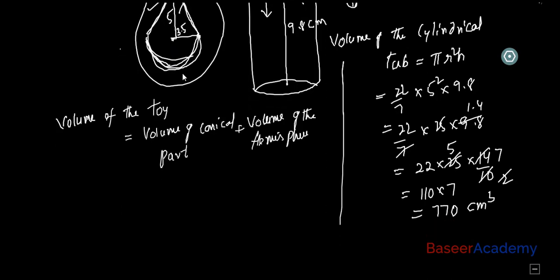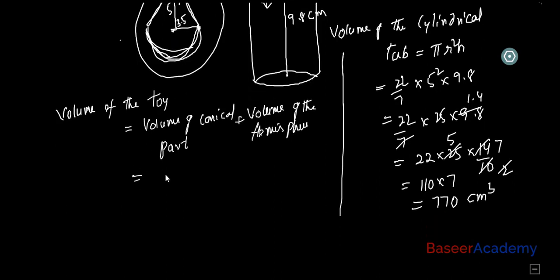Now volume of cone is given by the formula 1 by 3 pi r square h, and the volume of hemisphere is given by the formula 2 by 3 pi r cube, right? For simplicity purpose, I'm just taking common from both of these terms. I am taking 1 by 3 pi r square common, because in the first term you have 1 by 3, in the second term also you can take 1 by 3 common.